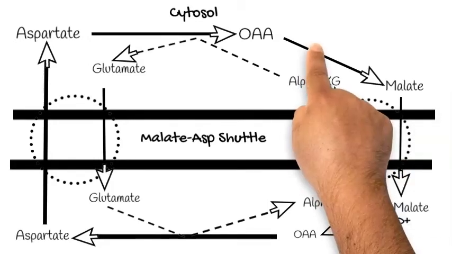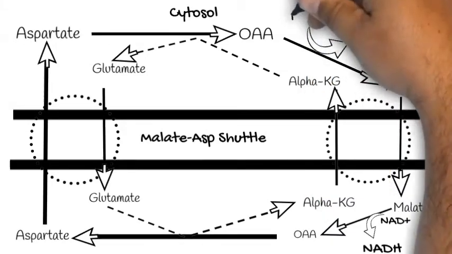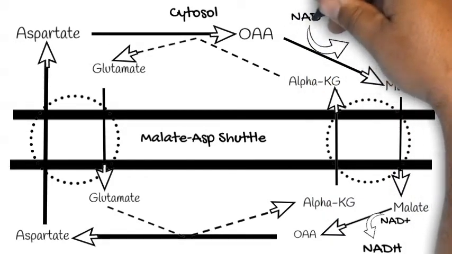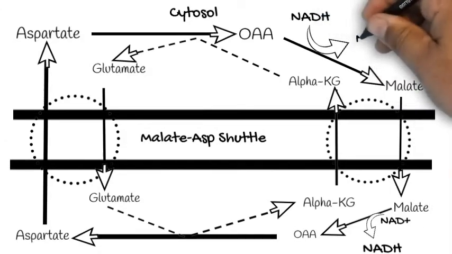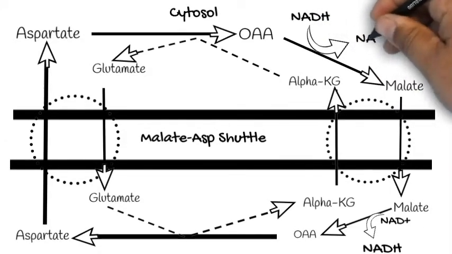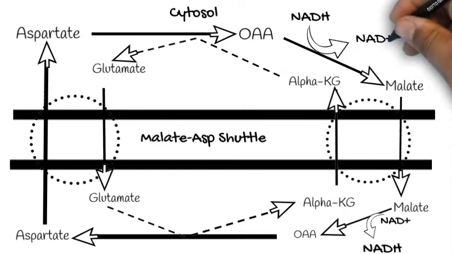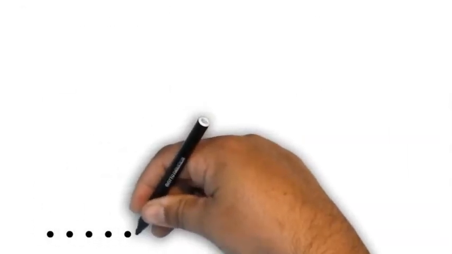So there you see in the bottom right the NAD plus being converted to NADH. And on the top there, you will see the NADH donating its hydrogens to oxaloacetate.